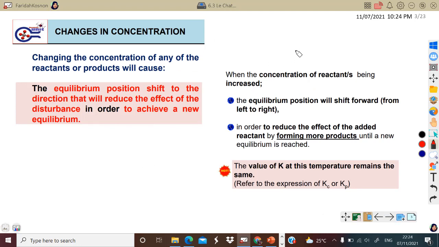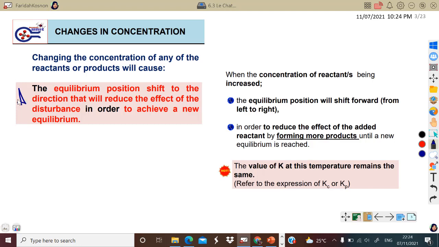Okay, you may refer to your lecture notes. Changing the concentration of any of the reactants or products will cause the equilibrium position to shift to the direction that will reduce the effect of the new disturbance in order to achieve a new equilibrium.